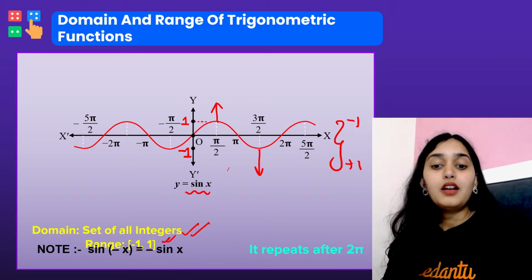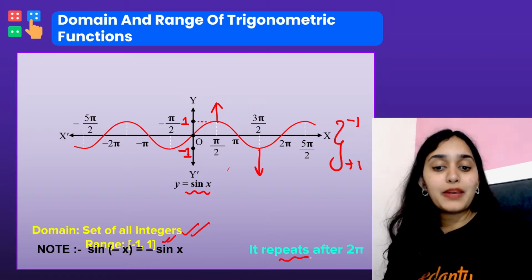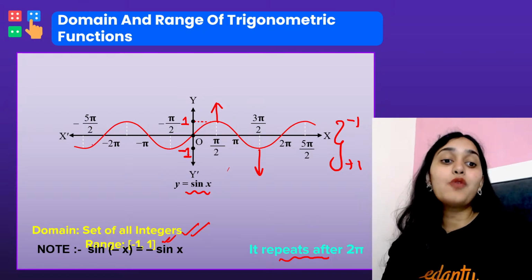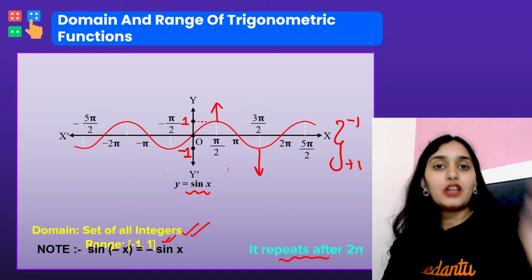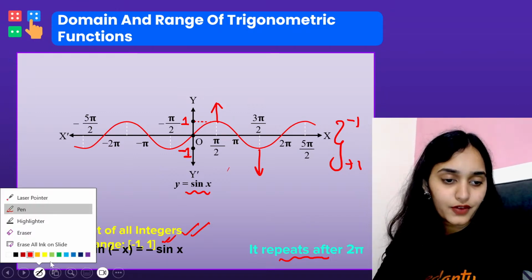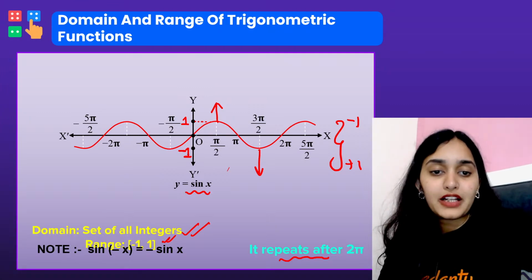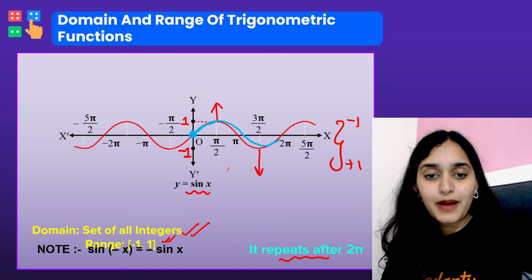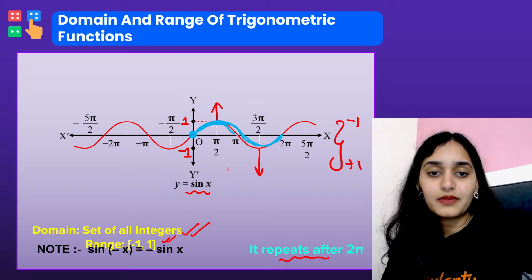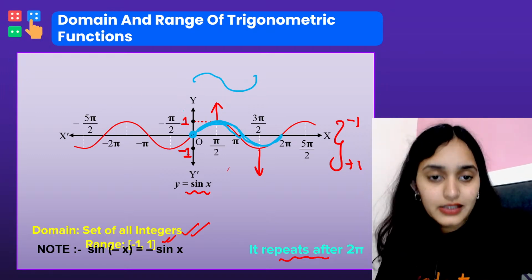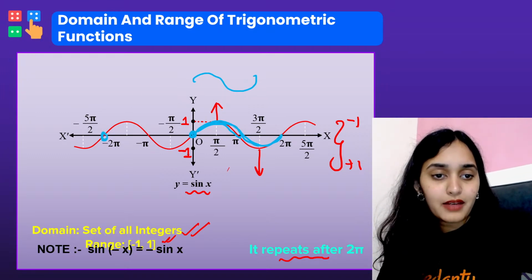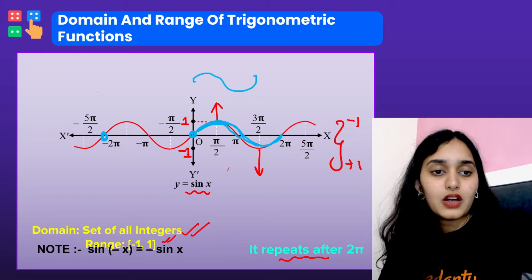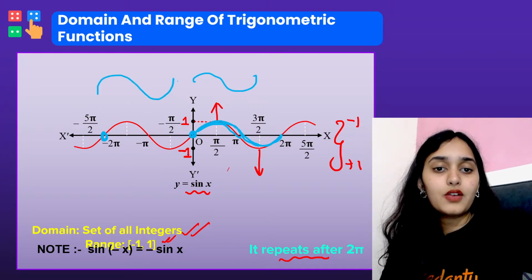Next, it always repeats after a 2 pi angle. What does that mean? If you observe the graph carefully here, between 0 to 2 pi, your graph looks like this. Similarly, between -2 pi to 0, again your graph looks like this.